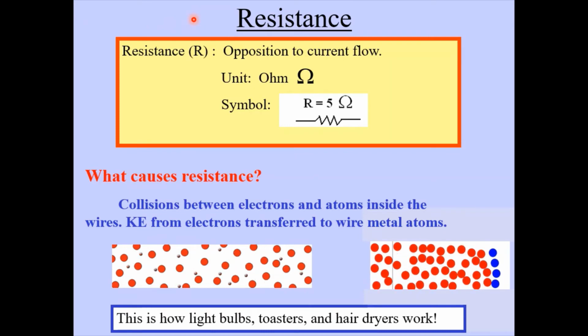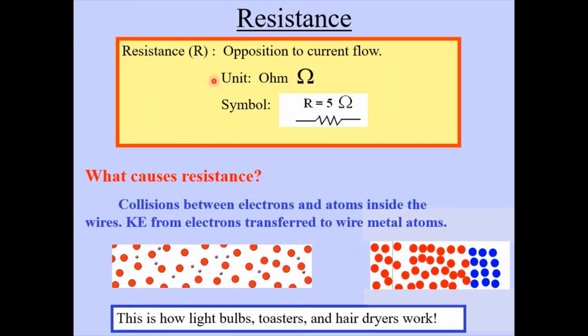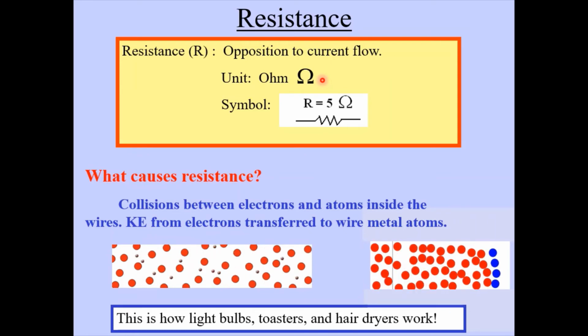Let's take a look at this idea of resistance in a little more detail. What is resistance? Well, resistance is the opposition to current flow. In other words, it resists the flow of current. Resistance is abbreviated with the letter R, and the unit of resistance is called the ohm, O-H-M, and the symbol for an ohm is the Greek letter omega, because omega sounds like ohm.